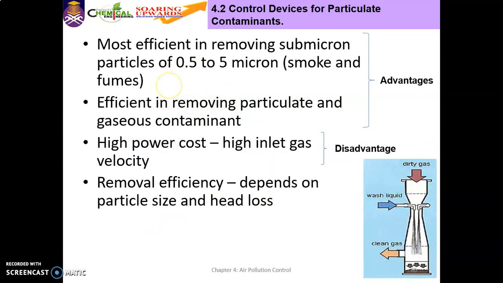The Venturi scrubber is efficient in removing particulate and also gas, both. Most efficient in removing 0.5 to 5 micron. High power cost, and removal efficiency depends on particle size and heat loss.